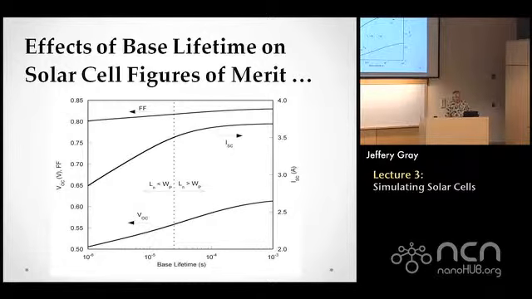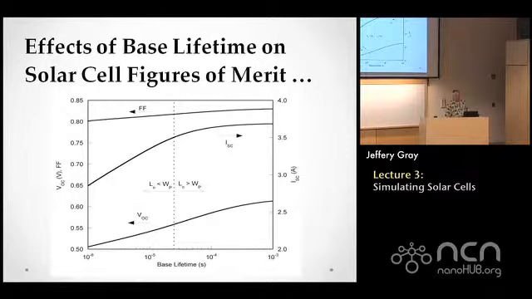And this dashed line down the middle here represents the point at which the diffusion length is equal to the thickness of the base. Those of you who have taken a device physics course probably remember there's a short base diode approximation and a long base diode approximation.